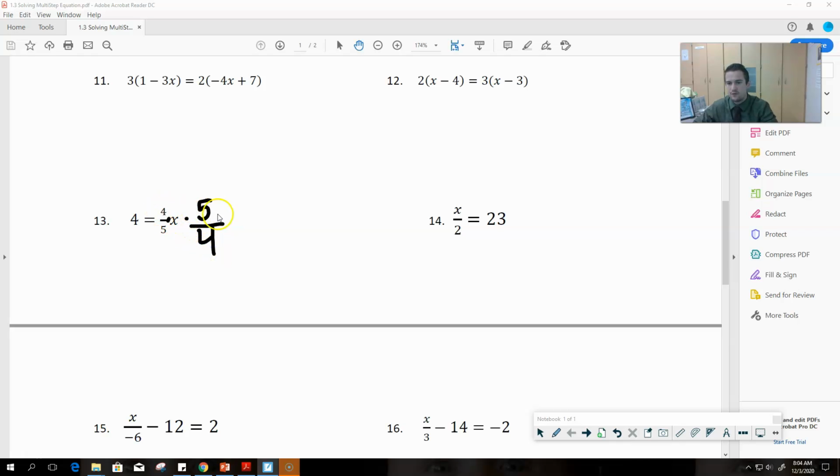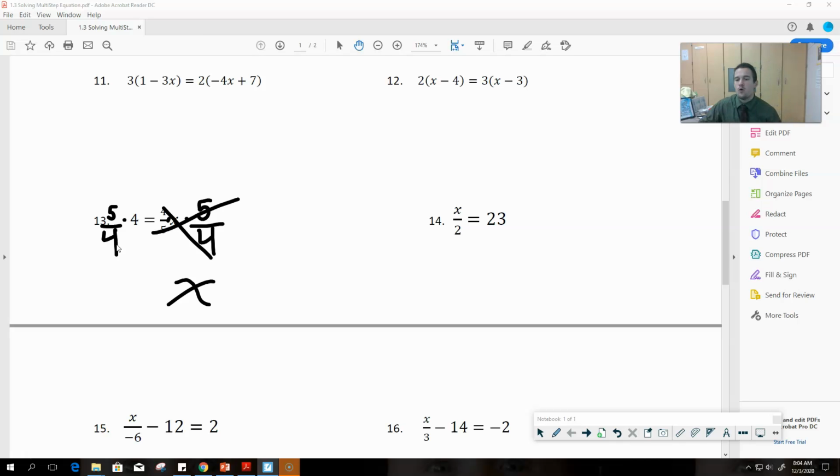Because if I multiply 4/5 times 5/4, the 4's and the 5's will cancel, and I'll just be left with x. But if I multiply by 5 over 4 on the right-hand side, I have to multiply by 5 over 4 on the left-hand side.